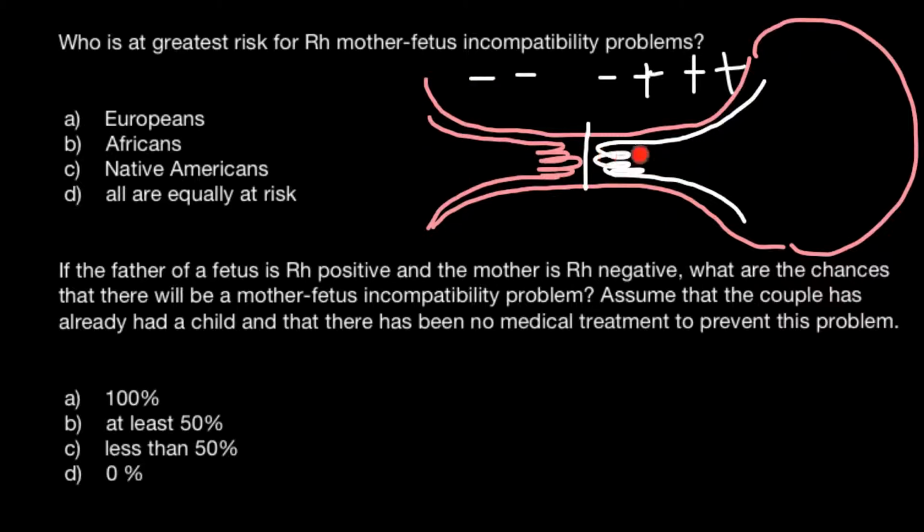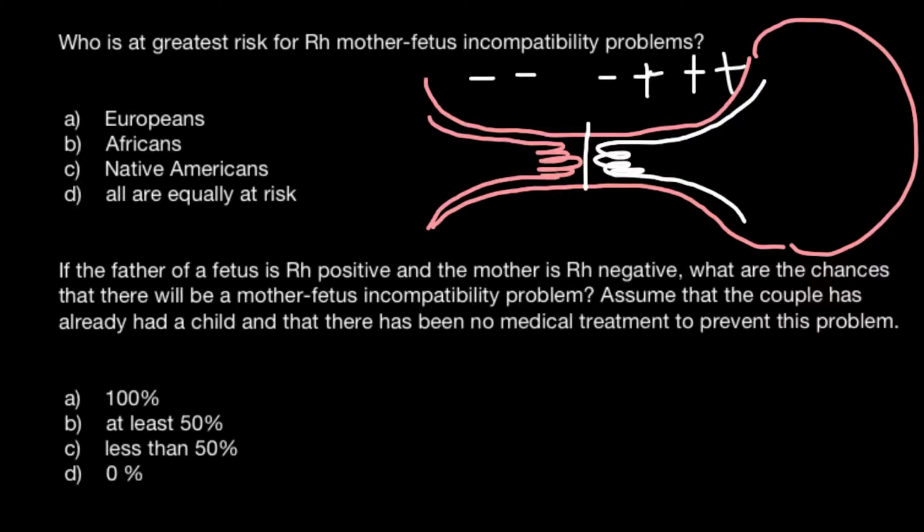And when such proteins penetrate to the mother's blood system, the mother's immune system may start to produce antibodies. So antibodies would kill red blood cells of the fetus. Usually this doesn't happen during the first pregnancy, because it takes time to develop these antibodies.